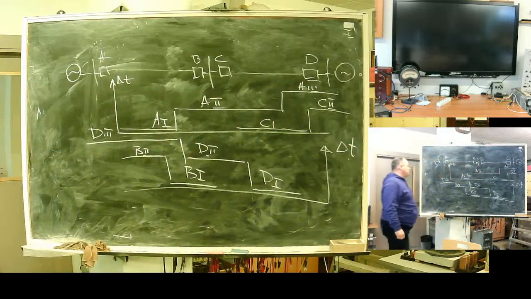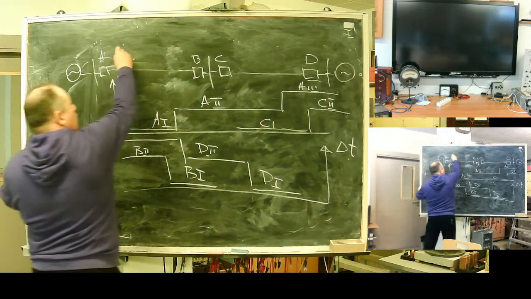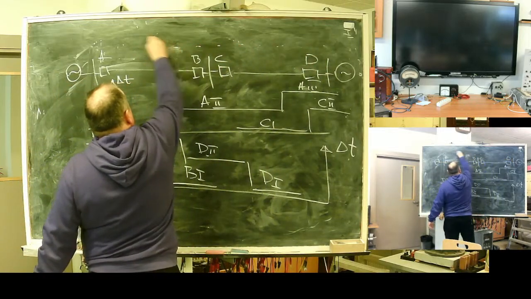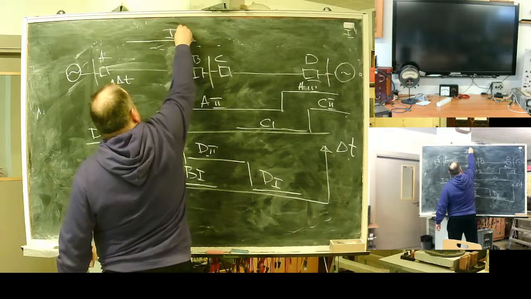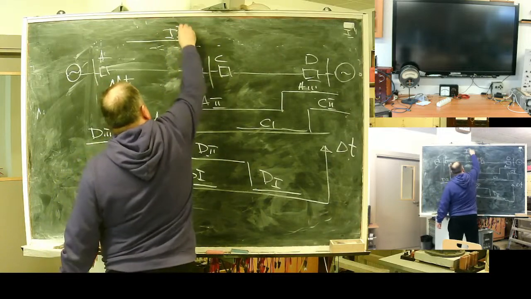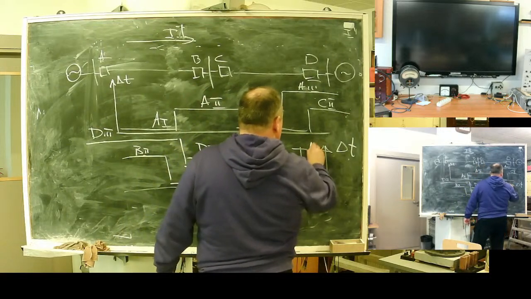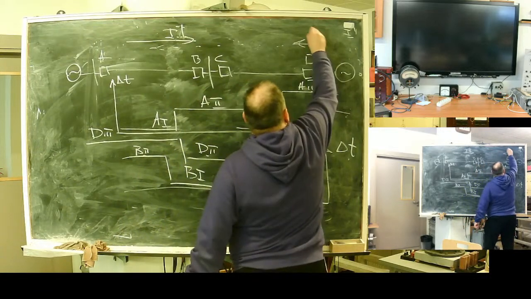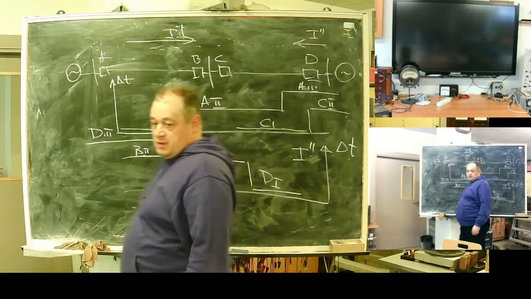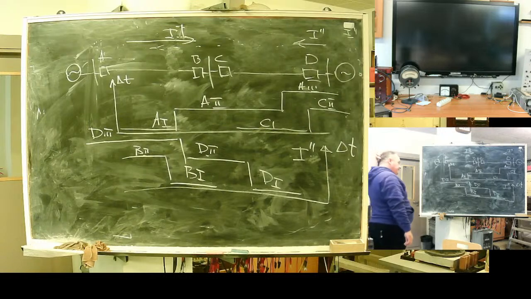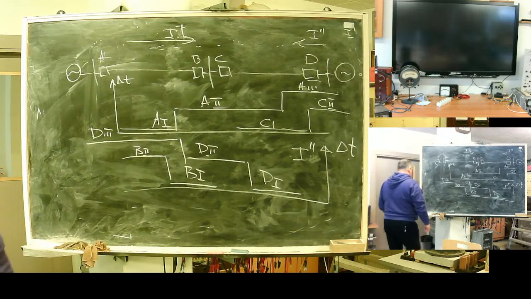Here is a schematic of coordination. First go this way, coordinating for current I1. Next, coordinate for current I2. Here's your way of coordination. Selectivity chart.